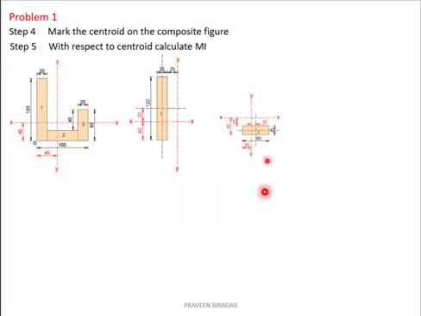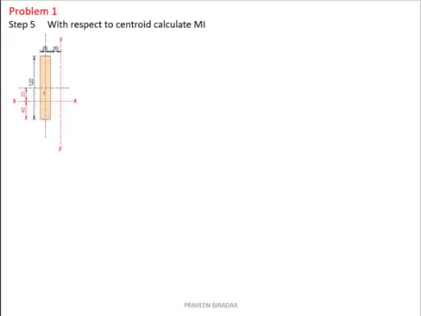Ix1 equals, transferring the individual centroidal axis to the xx axis, bd cube by 12 plus area, that is 20 into 120, times the distance from this individual centroid to xx, which is 20, so 20 square.